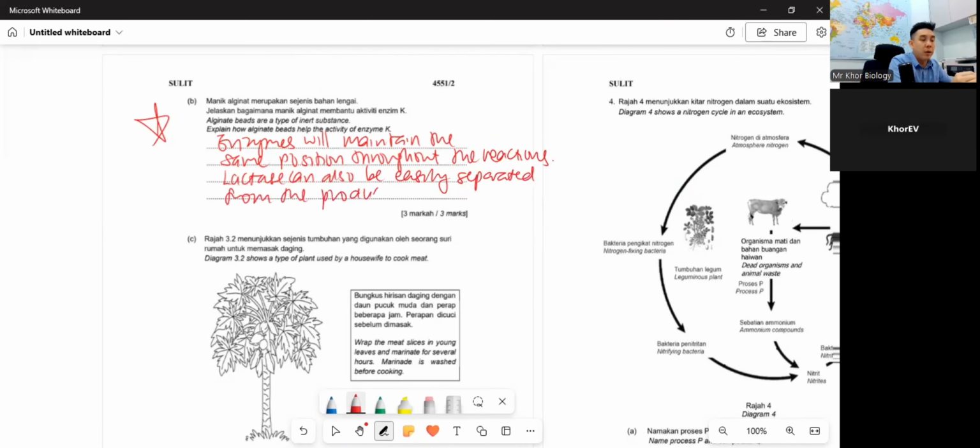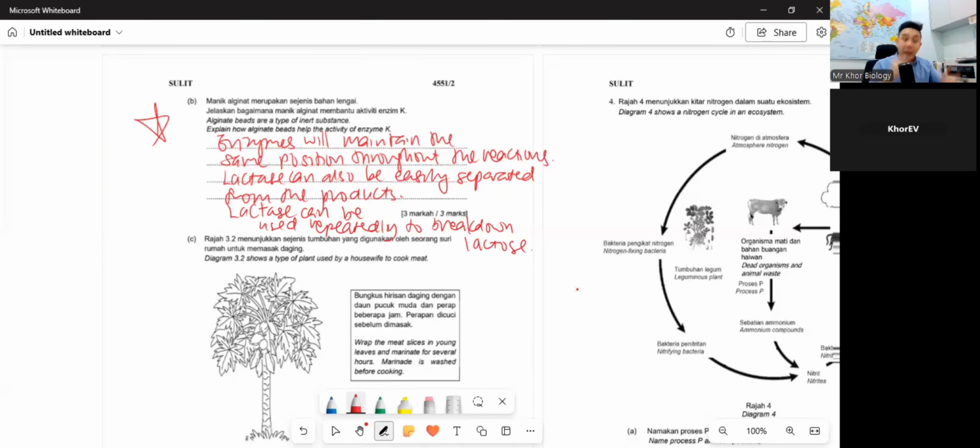And because of that, lactase can be used repeatedly to break down lactose. Okay? So the idea of immobilized enzyme is to hold on to the enzyme, then let the reaction keep occurring.